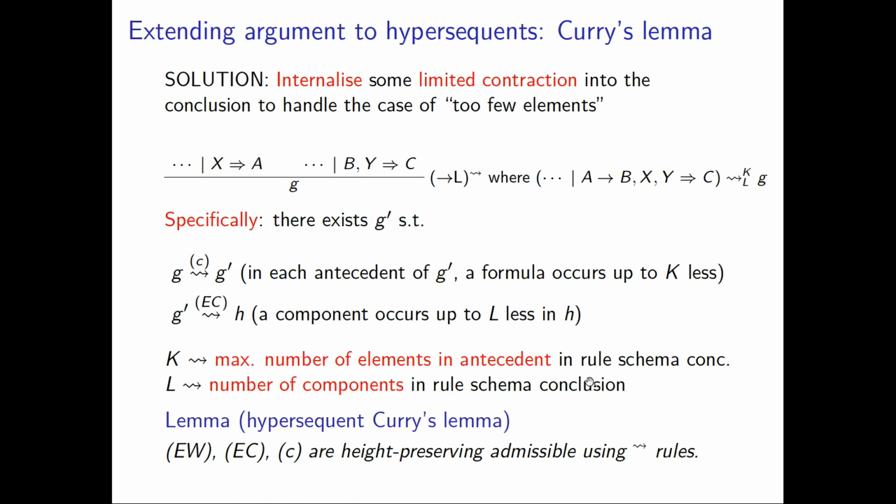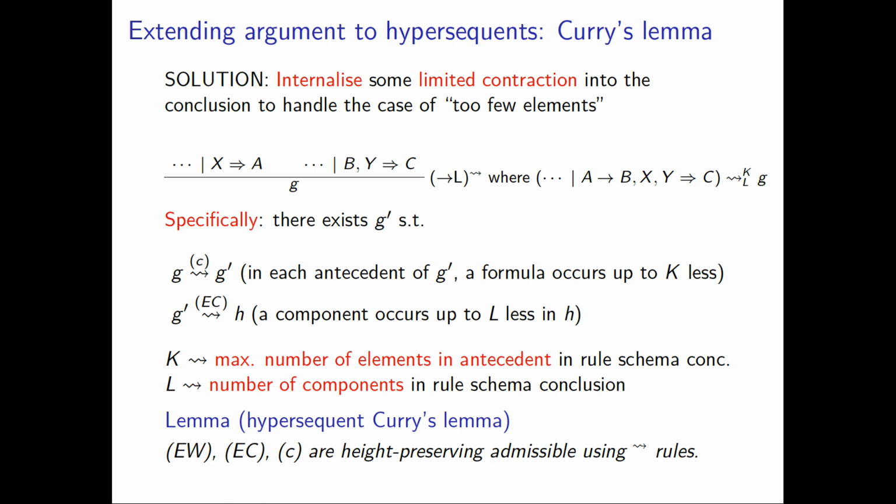To be specific about what I mean by a limited amount of each, it means that there is a G prime, such that G goes to G prime by applying contraction rules so that each formula in any component occurs up to K fewer times, and then G prime goes to H where any component in G prime occurs up to L fewer times in H.